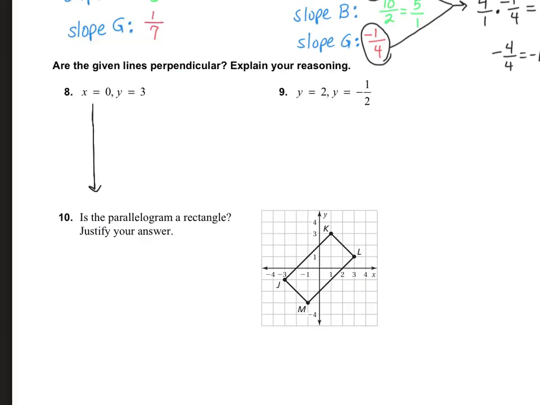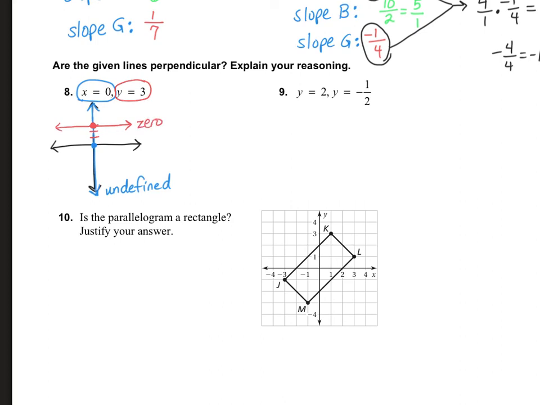I'm going to go ahead and graph number 8. On number 8, we have x is equal to 0. That means it crosses the x-axis at 0, and it's actually the same as the y-axis. This has a slope that is undefined. Let's go ahead and sketch y equals 3. This crosses the y-axis at +3, and it's going to have a slope of 0.